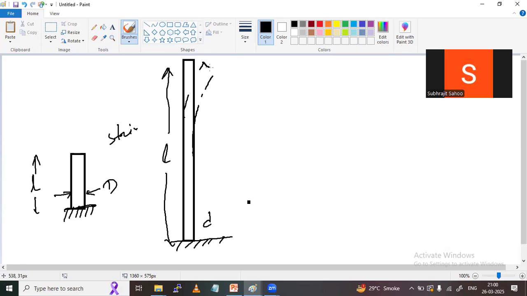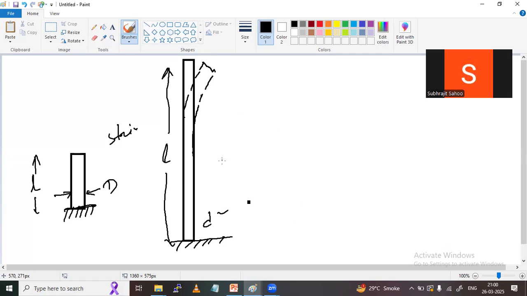Have you seen construction work, building construction work using column rods? If the length is big, automatically it will bend. Why does it bend, sir? Because the diameter and length are not in proper ratio.